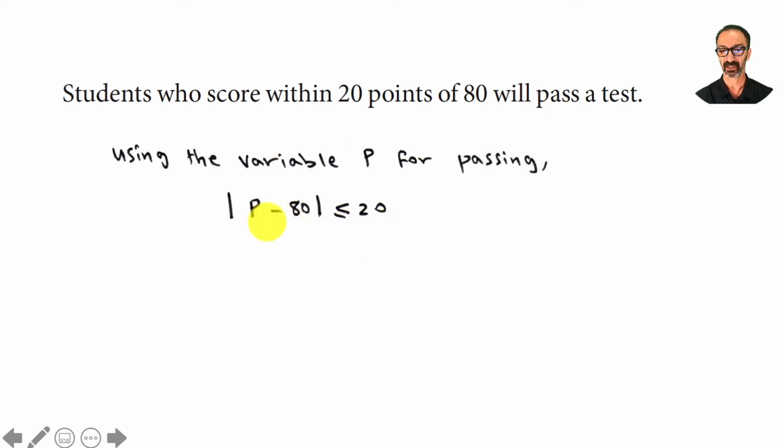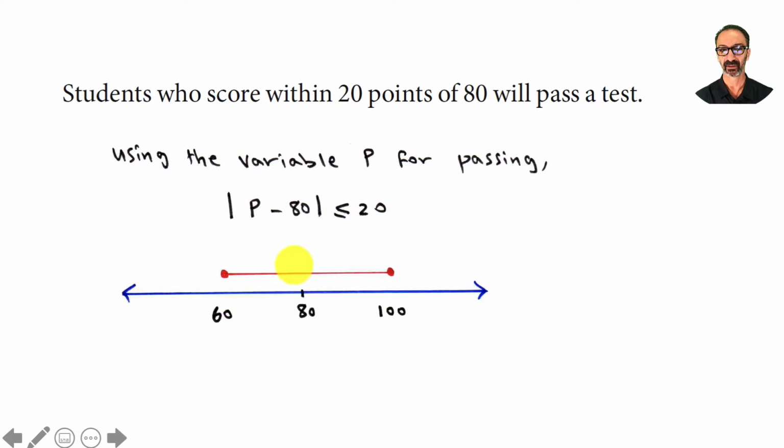Absolute value of p minus 80, distance away from 80, should be less than or equal to 20, and that is called the passing score. So if they score from 60, including 60, all the way to 100, that means passing. 59 is not passing, without steps.